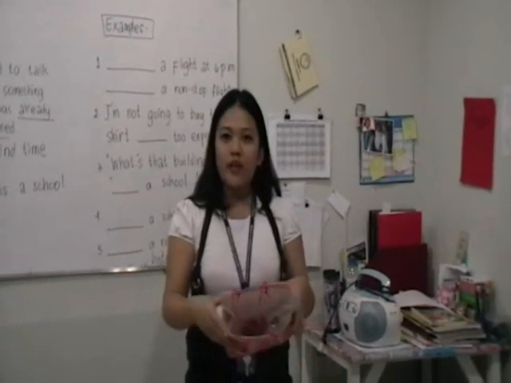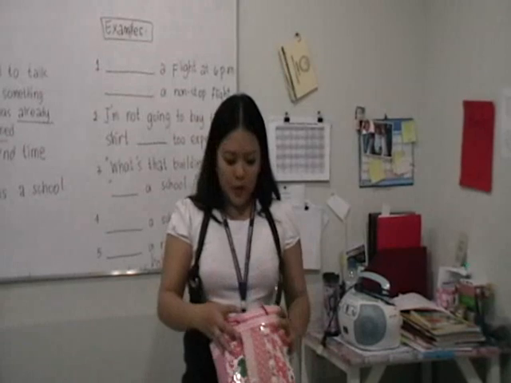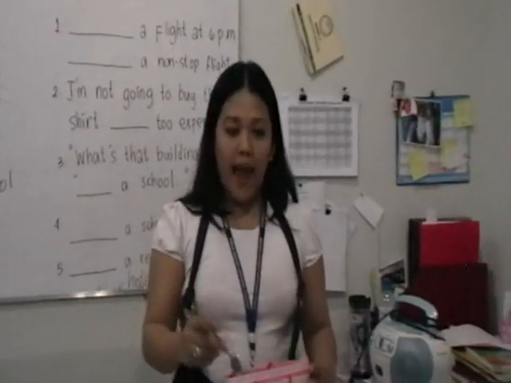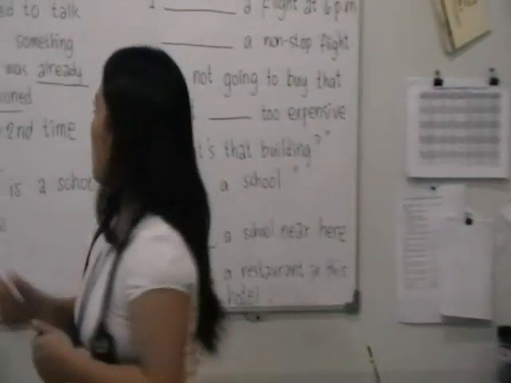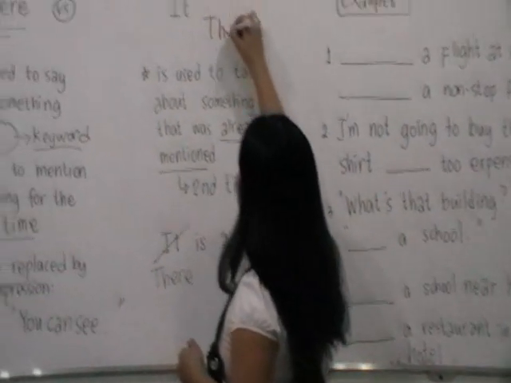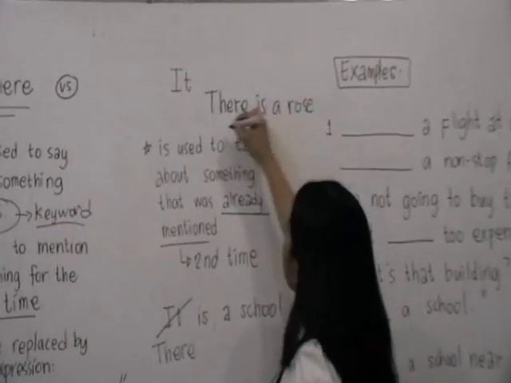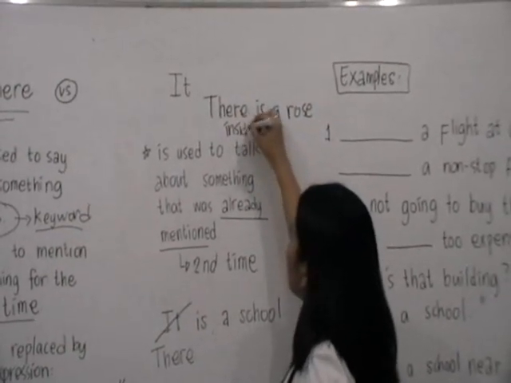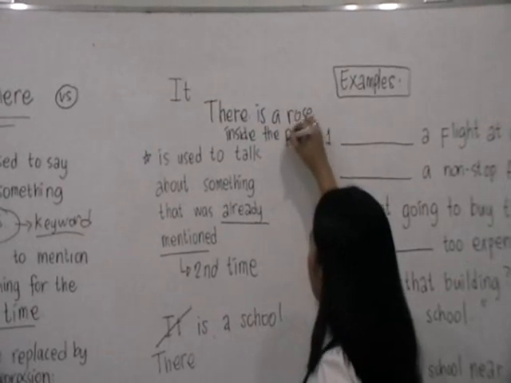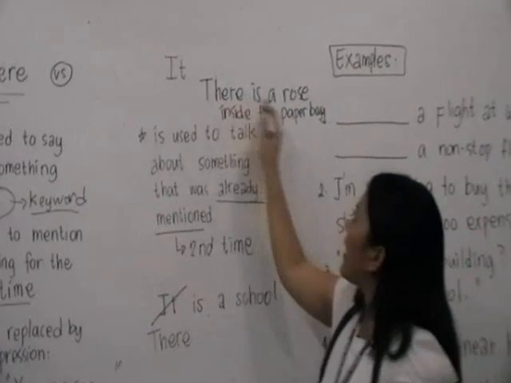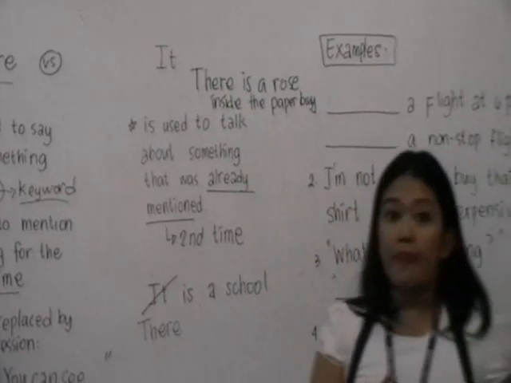What do you see inside? You can see a rose inside the paper bag. So you can say, there is a rose inside the paper bag.